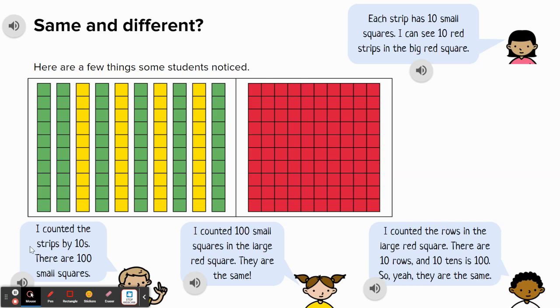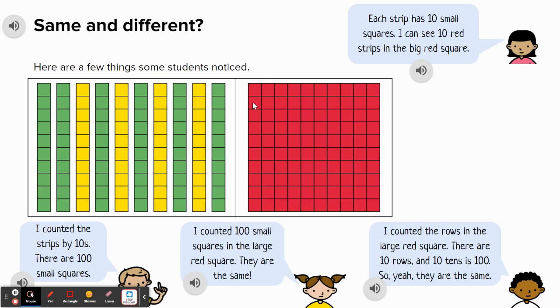Someone else said, I counted the strips by tens. There are 100 small squares. So again, counting by tens, 10, 20, 30, 40, 50, 60, 70, 80, 90, 100. The next student said, I counted 100 small squares in the large red square. They are the same. Well, you can also count by columns in this to double check.